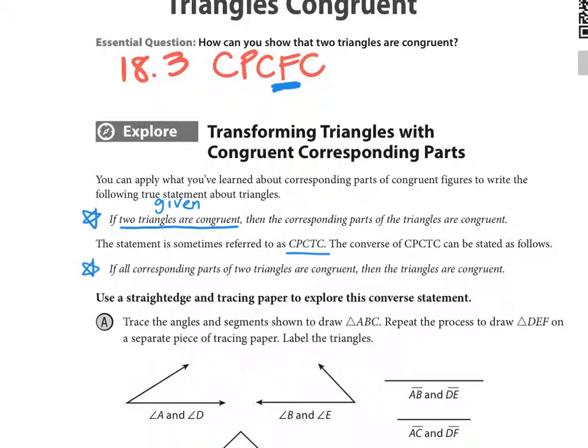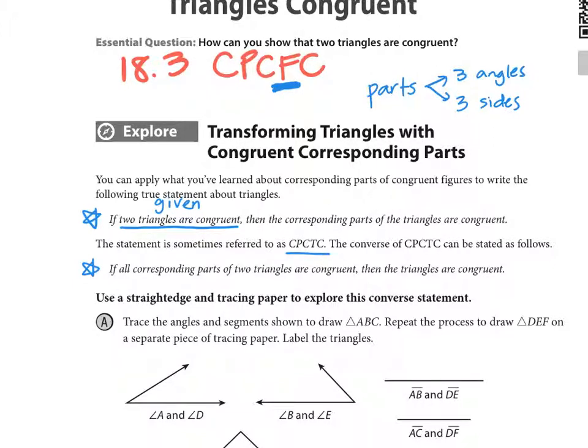Because just saying the triangles are congruent, that's just a single statement, and it says nothing about the sides or the angles. Parts, when it says corresponding parts or congruent parts, refers to the three angles and the three sides of a triangle.